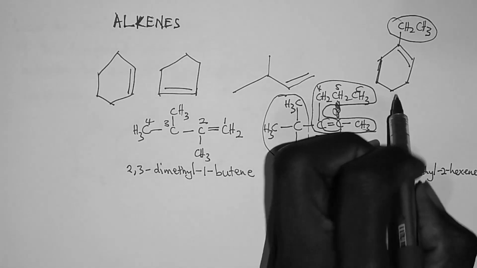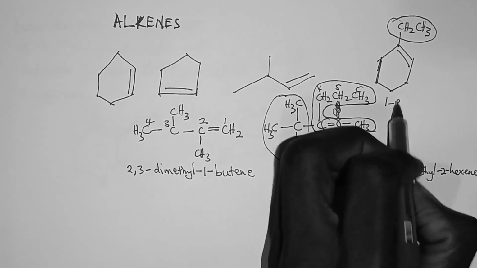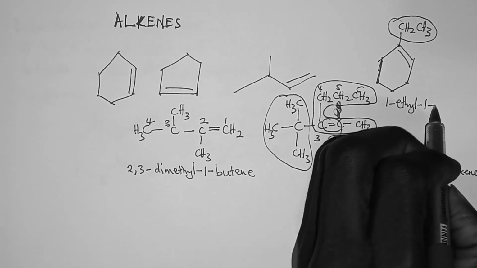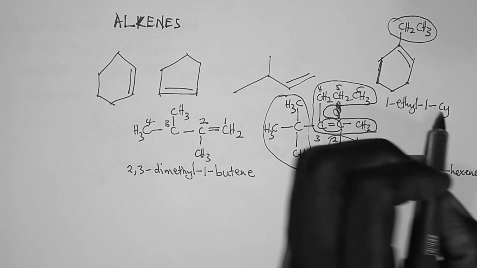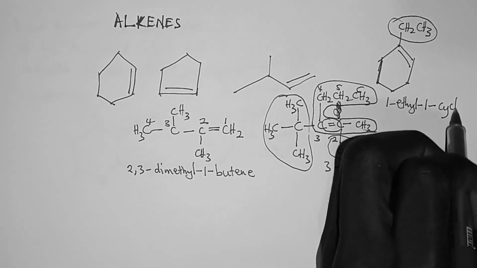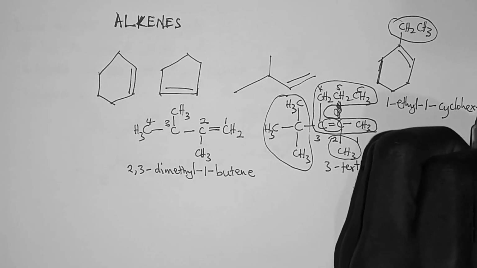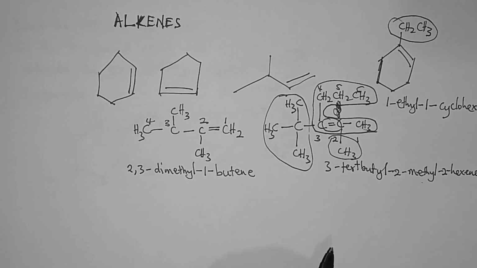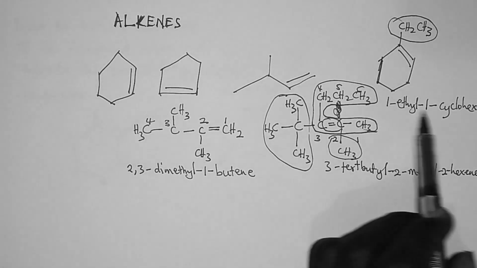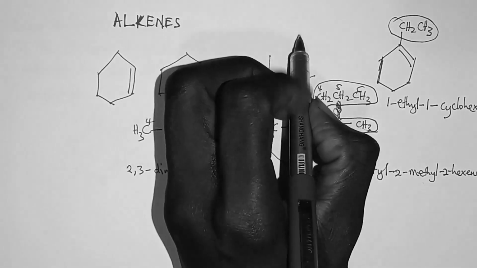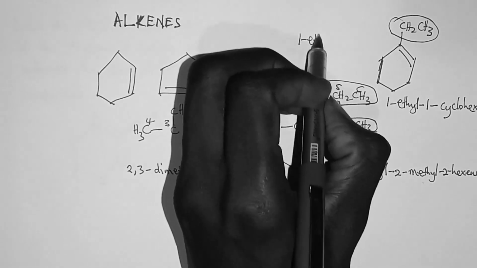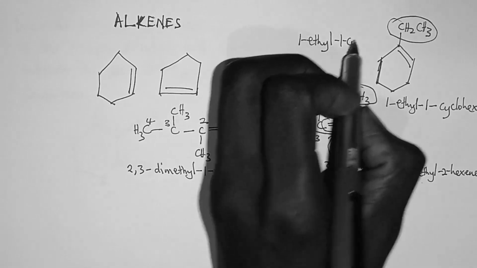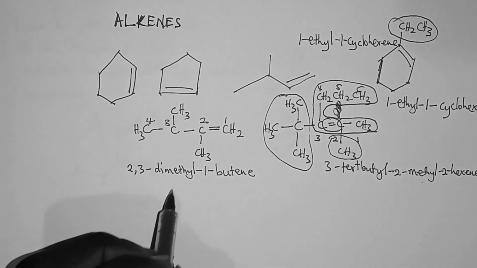And therefore, this is 1-ethyl-1-cyclohexene, because this one is showing the position of the double bond. The double bond is on carbon number 1. Let me write the name here. It is 1-ethyl-1-cyclohexene.